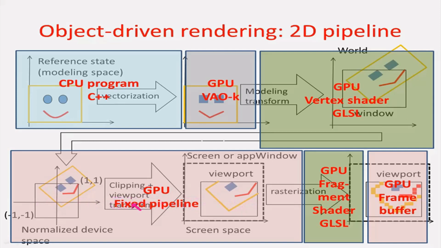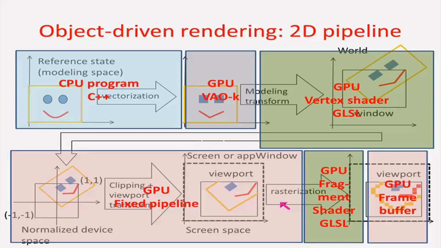This hardware clips the primitives, transforms them to screen space, and rasterizes them to produce a sequence of pixels. During these steps, vertex attributes are interpolated to generate attributes for each pixel that gradually change inside the primitive.